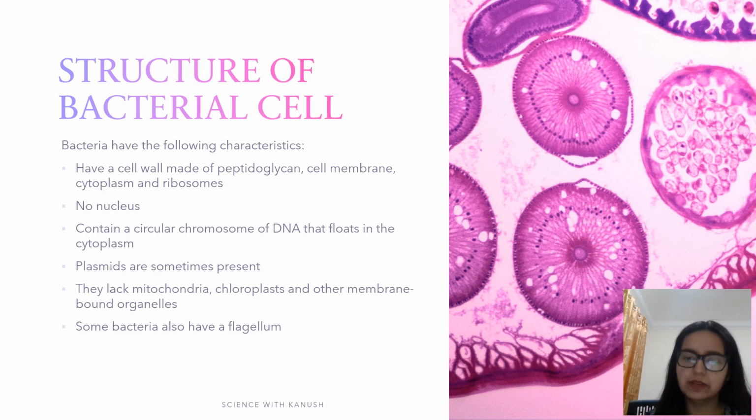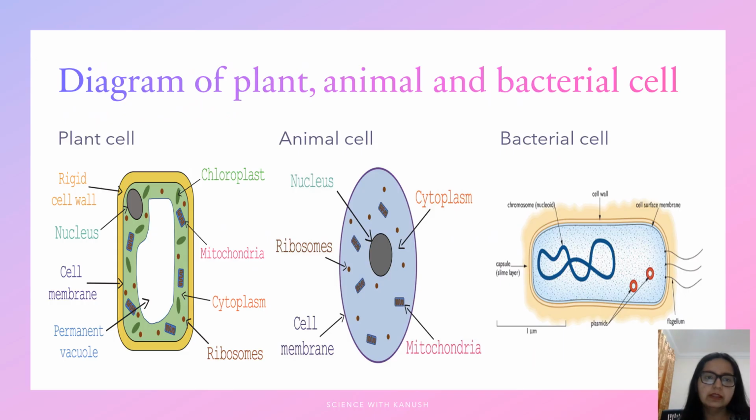And then let's move on to the next. This is the diagram of plant, animal, and bacterial cells. In the plant cell, we can see here we have our cell wall, this yellow colored, rigid cell wall. This is our nucleus. This is our chloroplast. Chloroplast is green because it contains a pigment, chlorophyll, which gives the chloroplast its green color.